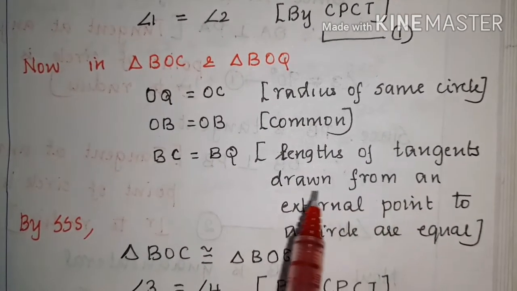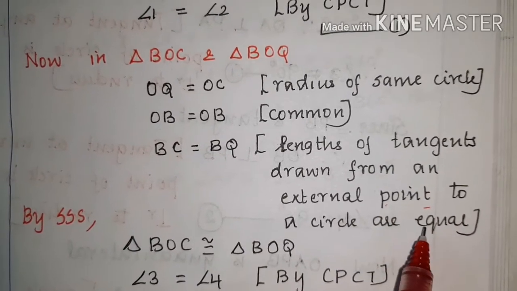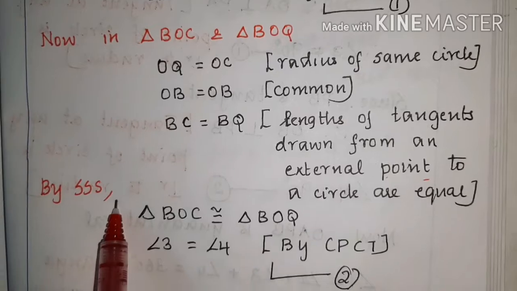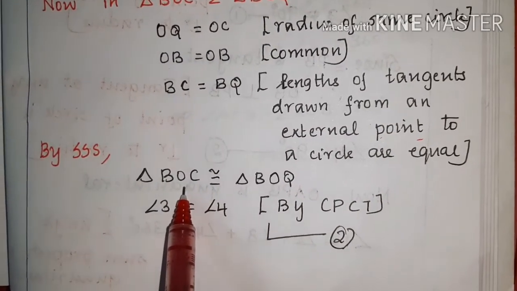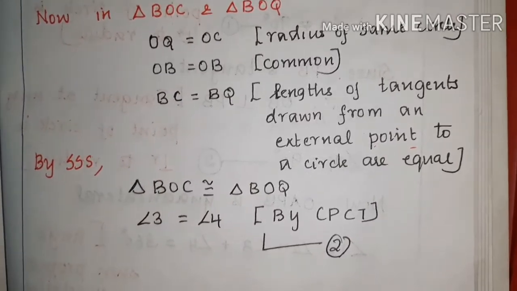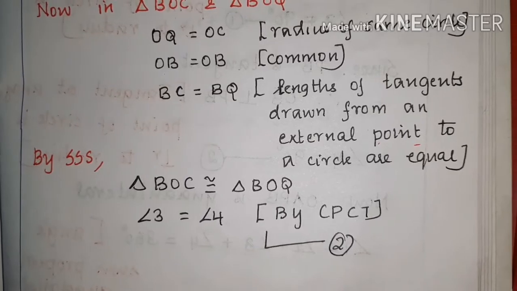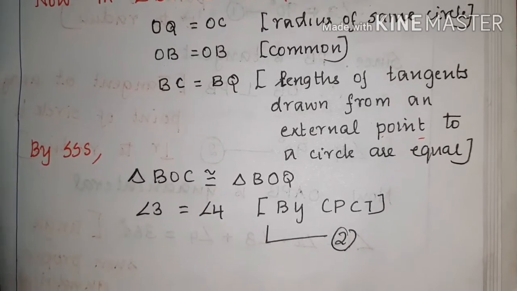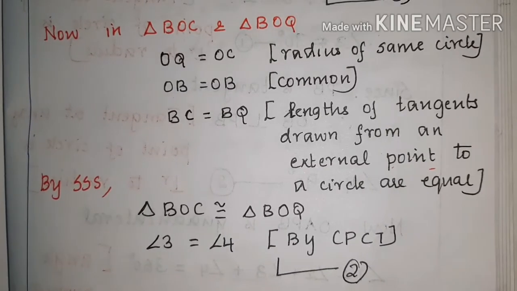Length of the tangents drawn from an external point to a circle are equal. So by triple S congruence rule, we say the two triangles are congruent. Okay. So why do we say congruent? You know, they both are of the same shape and size. Similar is when one triangle is smaller and the other triangle is larger.